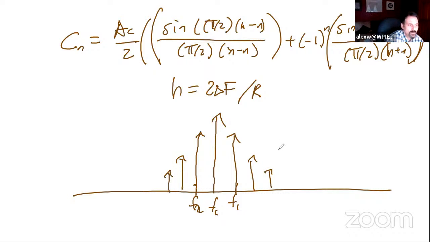Of course, your F1 and F2, which is what you're trying to modulate with, are embedded in all of these things. So you have a receiver that picks out one or the other. This example is from figure, let's see.